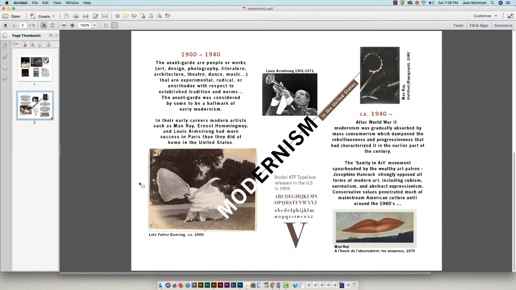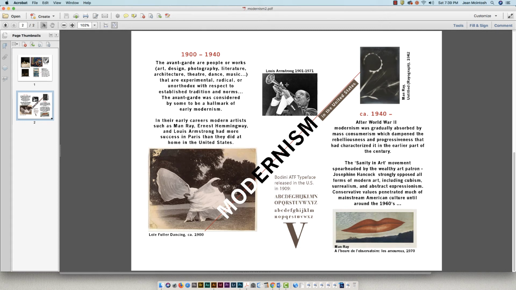They were grand affairs. And so she was one dancer in the exposition that occurred in 1900 in France, and she was a celebrity of the exposition. And I thought this picture was just beautiful.